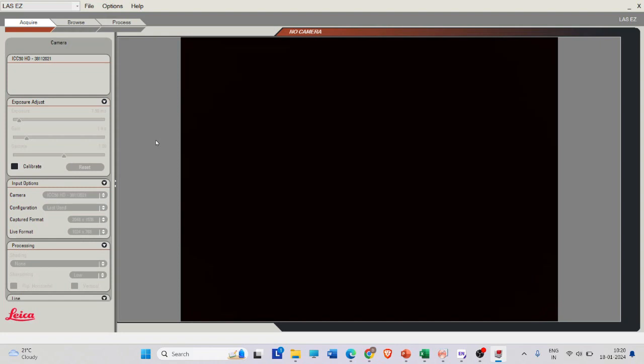This is the polarizer that is going to be placed near your illumination unit, and there is another polarizing filter placed at your objective lens. This is called the analyzer and this is called the polarizer.